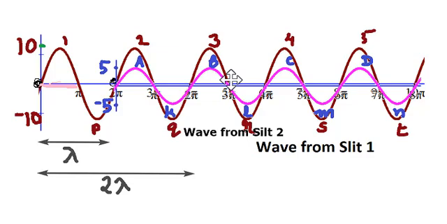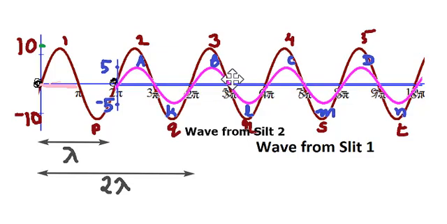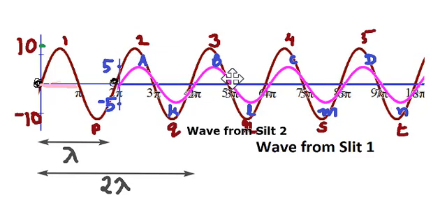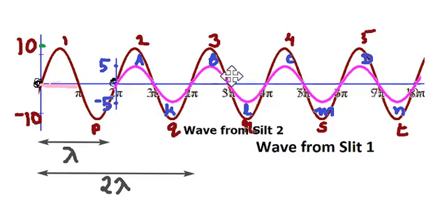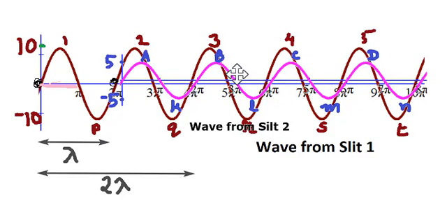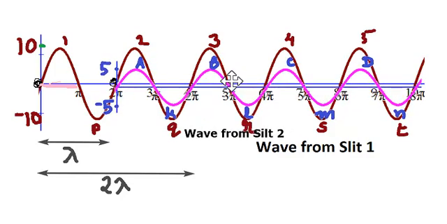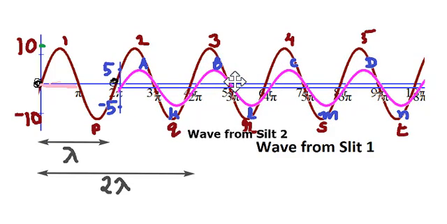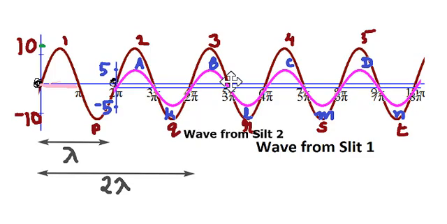What is happening? Still crest is meeting crest, but the difference is that a wavelength difference is there. The first wave and the second wave now have a difference of lambda, equivalent to a difference of 2 pi. But still crests are meeting. Still you will get 10 plus 5, 15, a wave of amplitude 15.